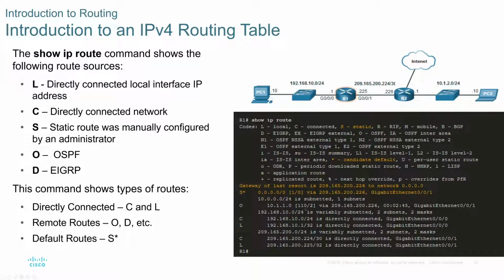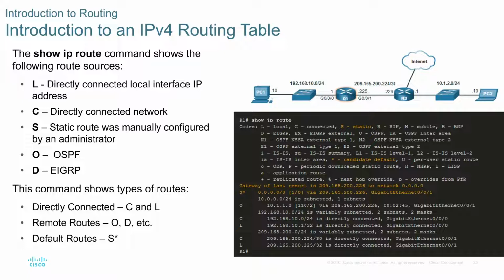The 110 is what we refer to as an administrative distance. Each routing protocol has an administrative distance associated with it. The higher the administrative distance, the less trustworthy that route or routing protocol is.